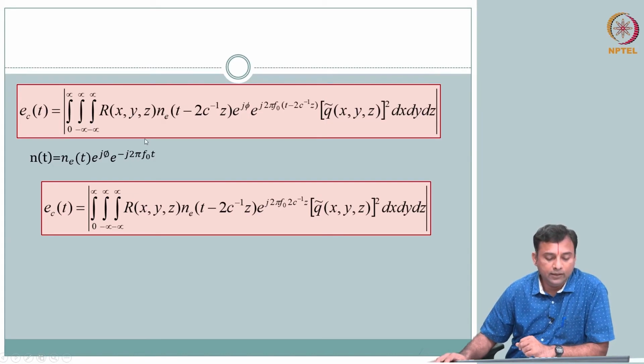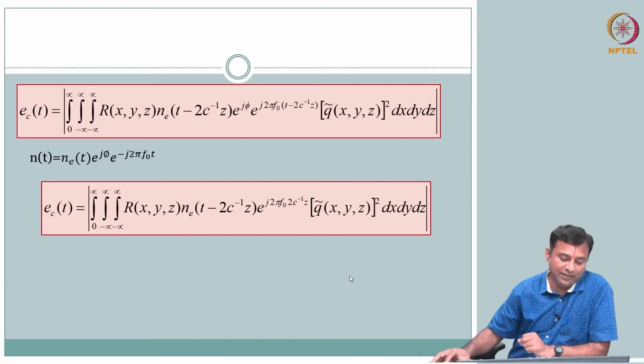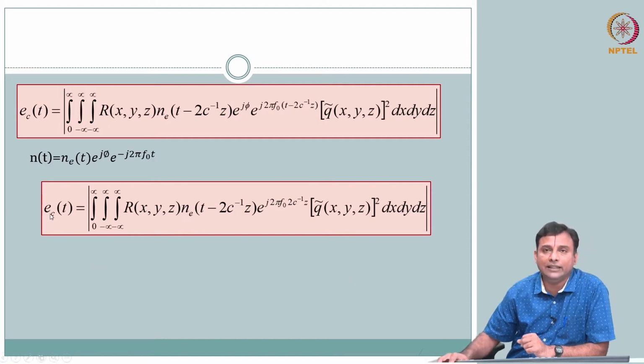Okay. So, this is the signal that you are receiving, the envelope, because there is modulus, the envelope of the pulse echo signal. Okay, the pulse you send, the echo of that, this is the one that you are receiving.